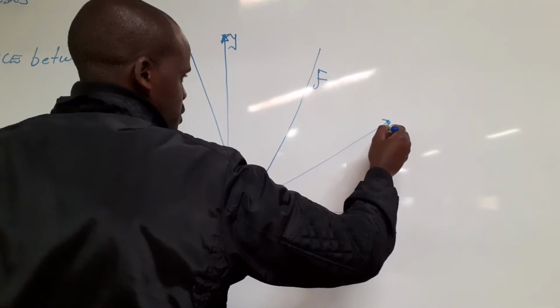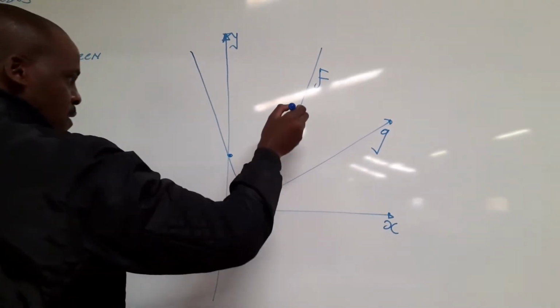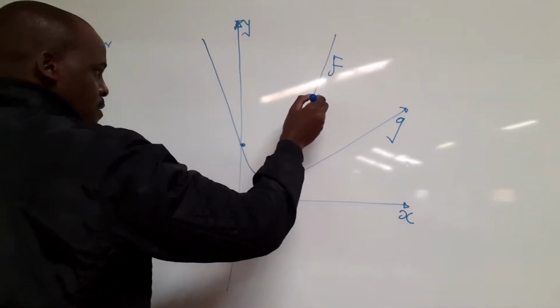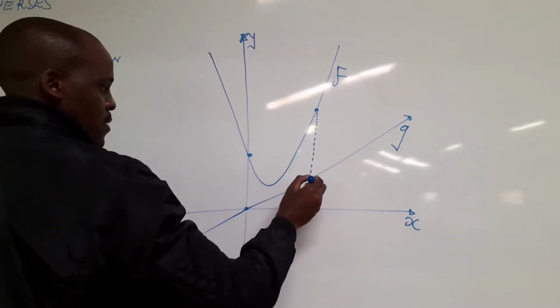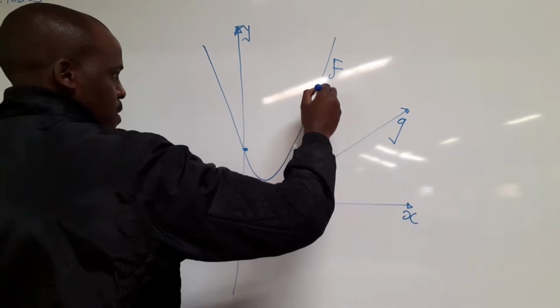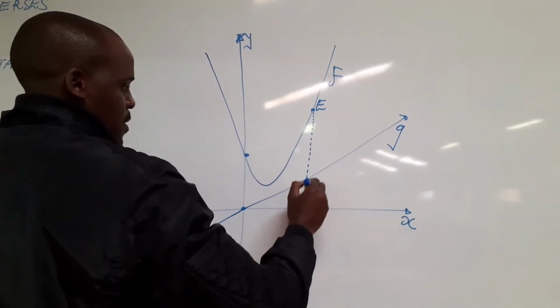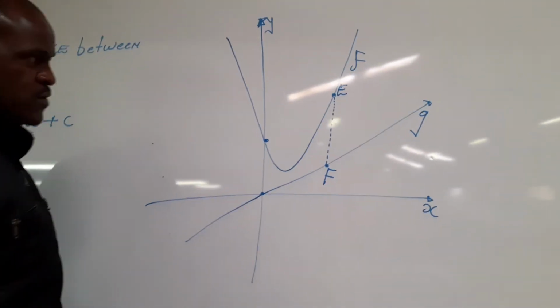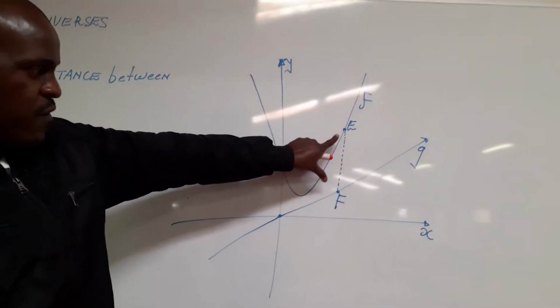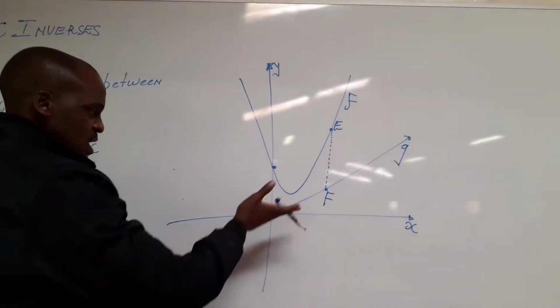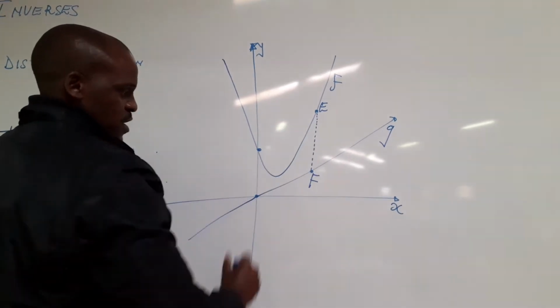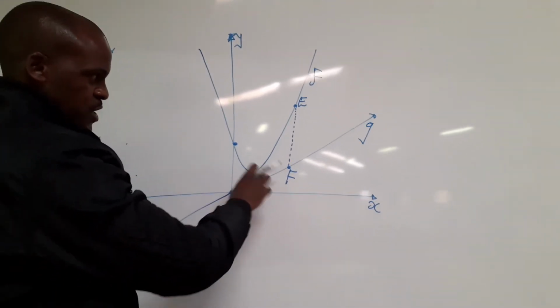Let's say we've got g here. Now we are to find the length of EF. This is the distance between two functions, the function of f and the function of g.